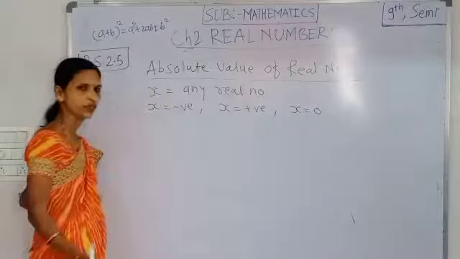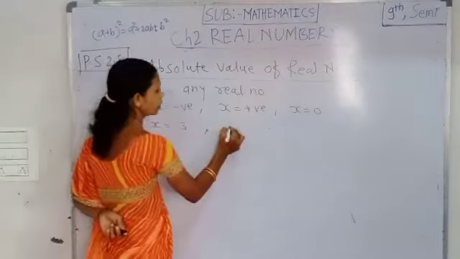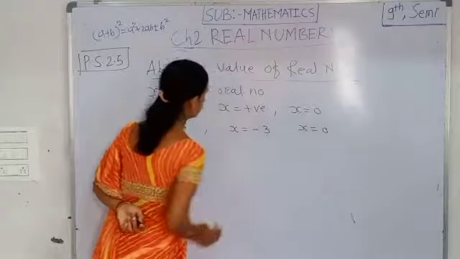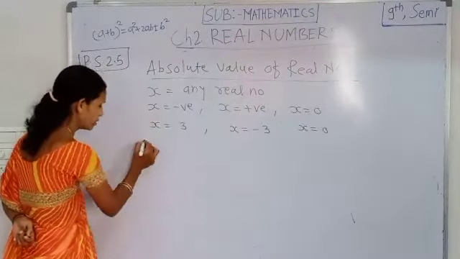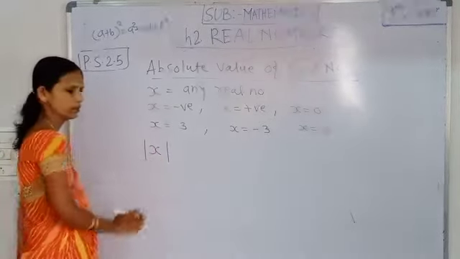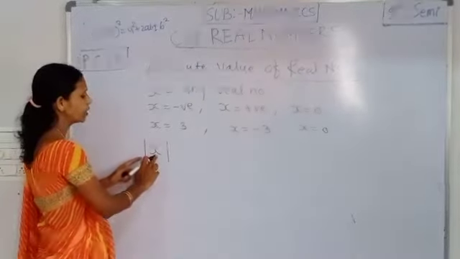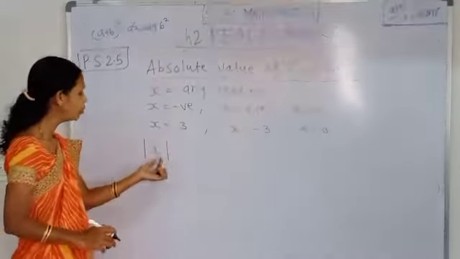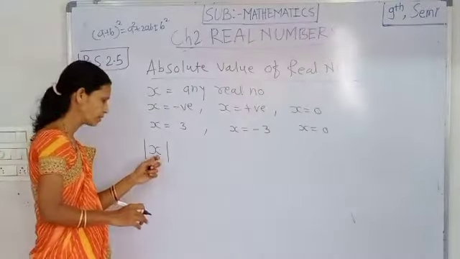For example, if x is equal to 3, or x is equal to minus 3, or x is equal to 0, then the absolute value of that x is written like this, using the sign of vertical 2 lines in which that real number is given, which is read as absolute value of x, or modulus of x.